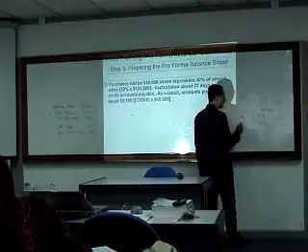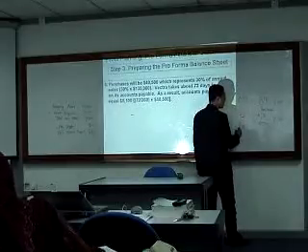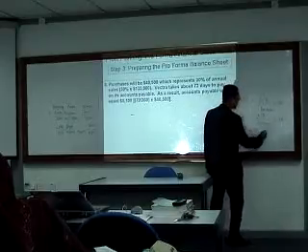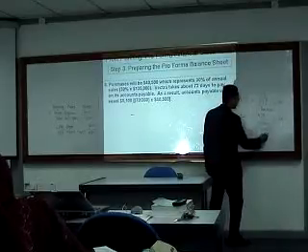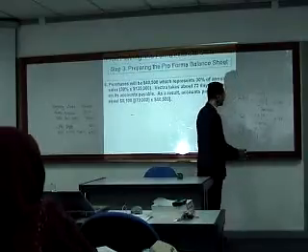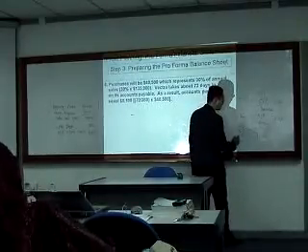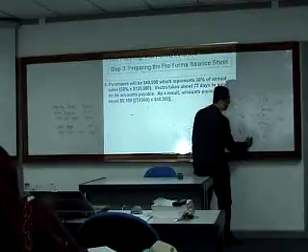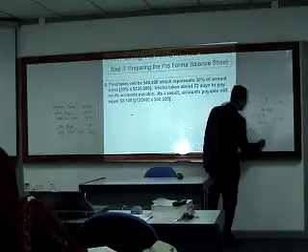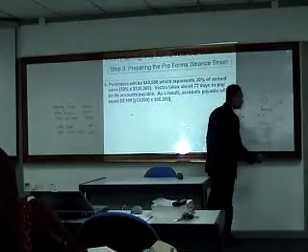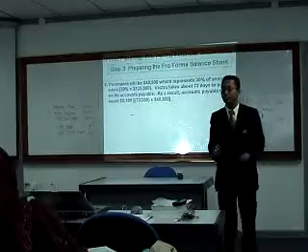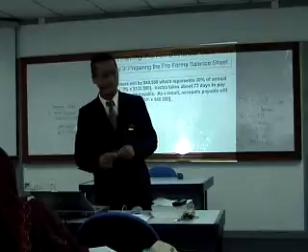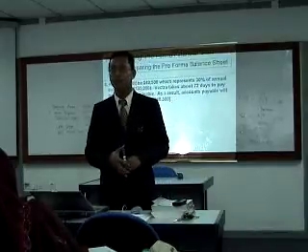You bring 360 to the other side, which is 72 divided by 360 equal to account payable divided by 40,500. You bring this to the other side: 72 divided by 360 times 40,500 equal to account payable. Then you can get the account payable figure, which is 8,000. So any question on this?